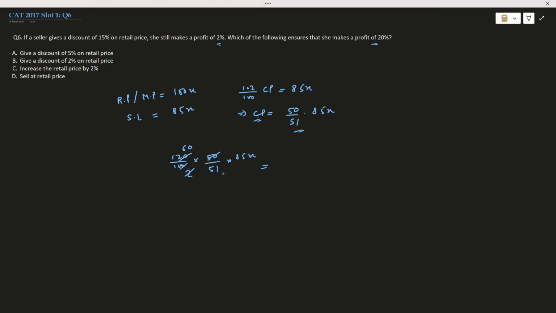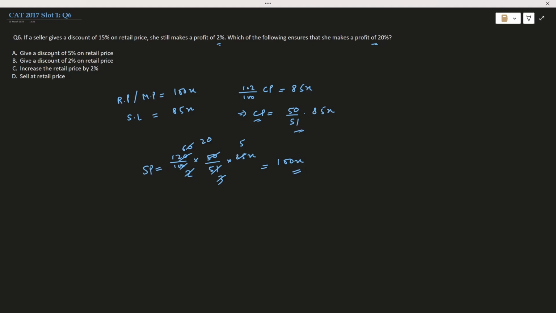So I am getting 100x. Selling price should be 100x.